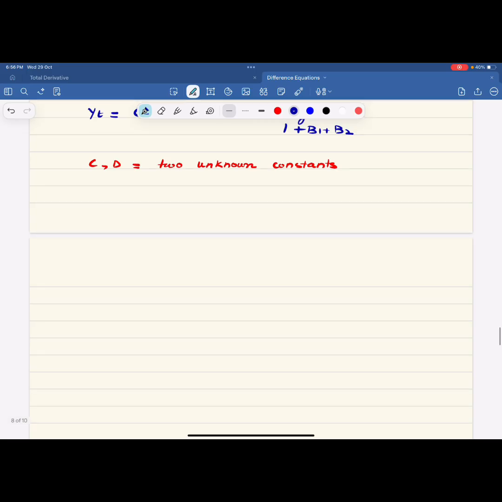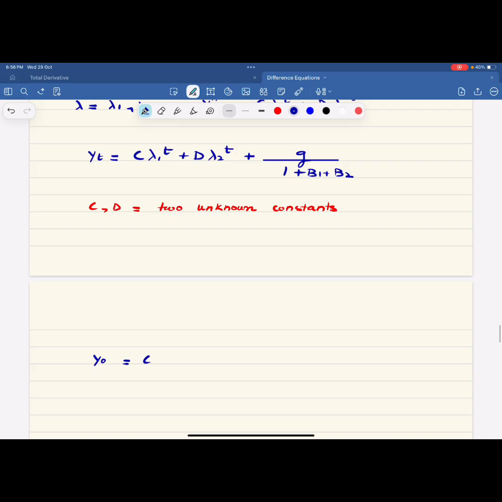So the first equation will be at time t naught, and we're going to get C plus D, and this remains the same.